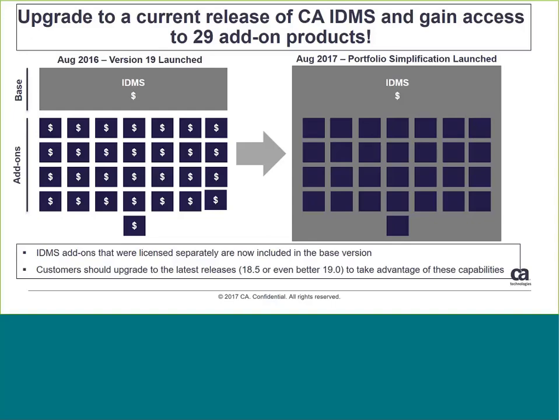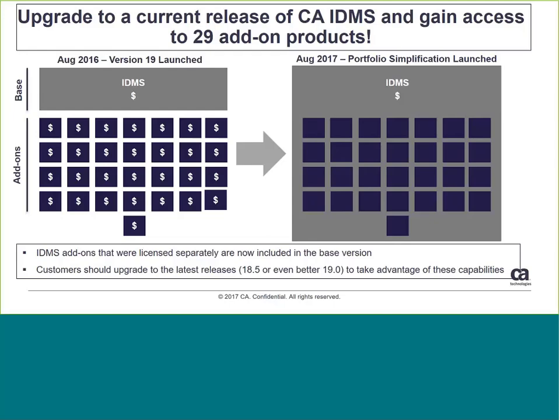So back in August of 2017, we rolled up many of the IDMS add-on products into a single offering, and it's now under the base code. Basically, what this means in a nutshell is that if you are a licensed CA IDMS DB customer running a current release, which is either 18.5 or 19.0, you can benefit from many of the add-on options that you may not have been previously licensed to utilize.